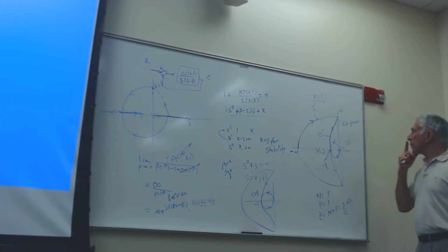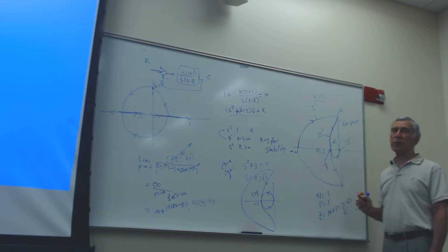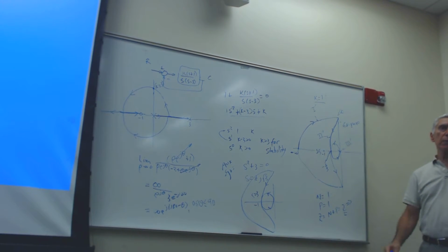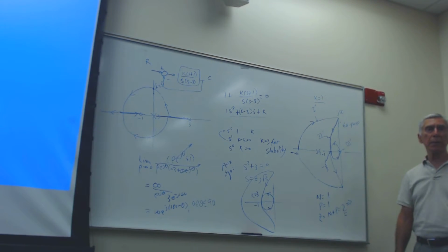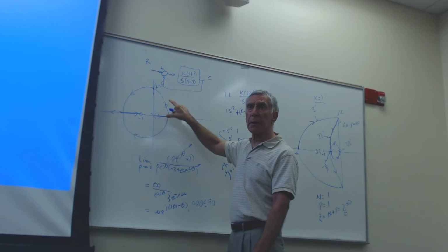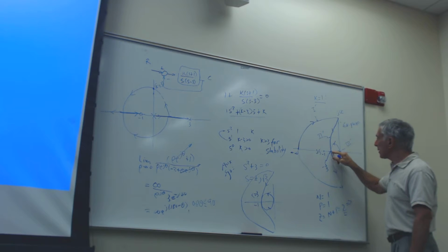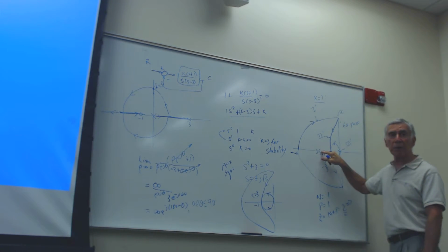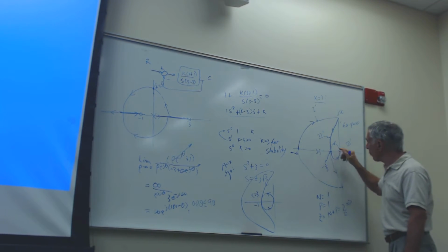By the way, if you make the gain k equal to 1, it passes right through the -1 point. If you make the gain k less than 1, it basically corresponds to points in the right half plane. So with gain k less than 1, this point is moving beyond -1. In other words, the -1 point is going to be inside here.